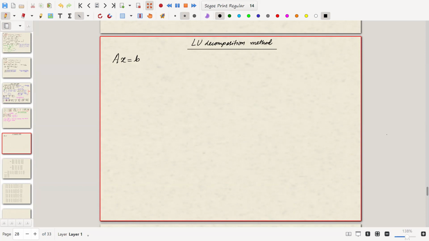What we are trying to do is decompose A into a product of two matrices. Those are two special matrices, L and U. L here is known as a lower triangular matrix. U is an upper triangular matrix.